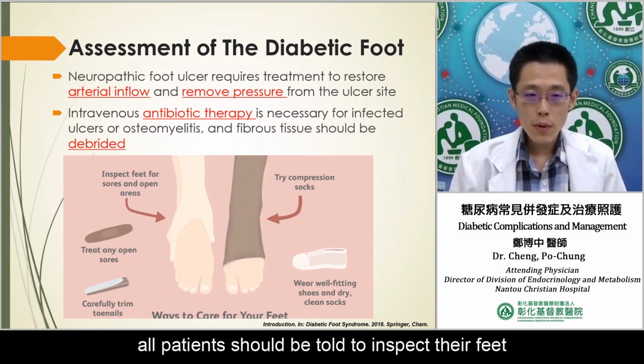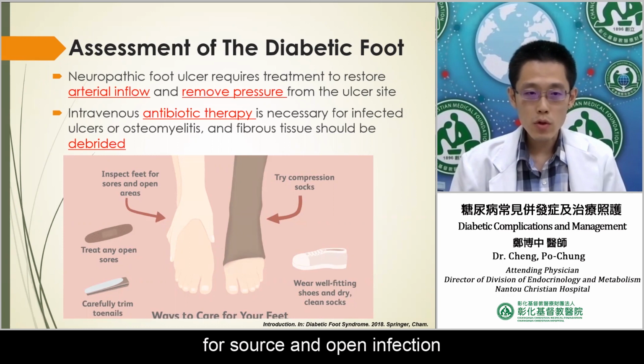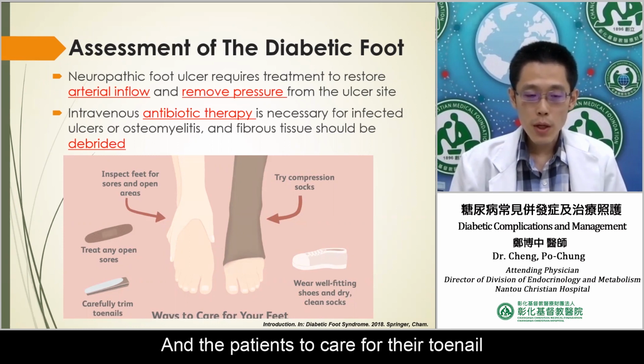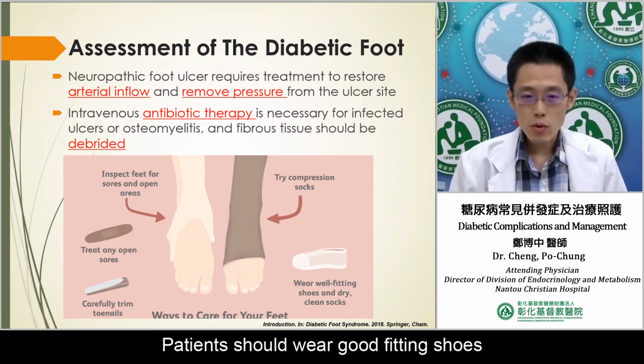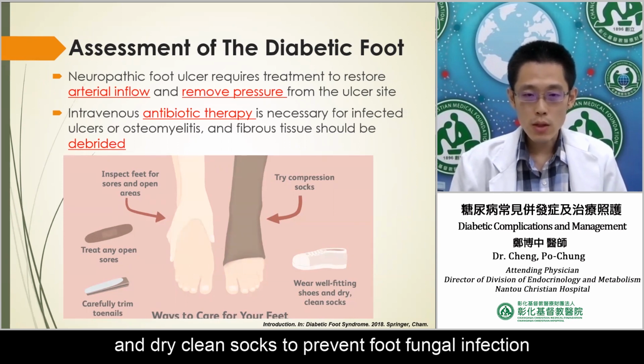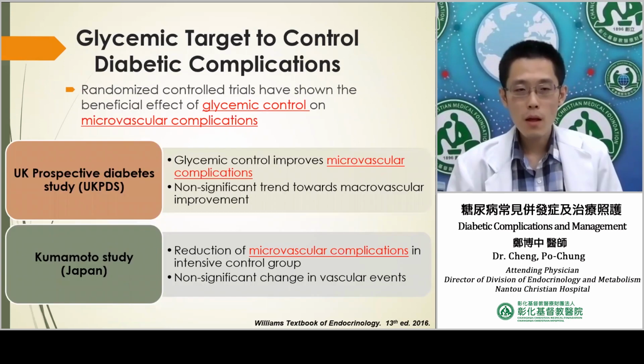First, all patients should be told to inspect their feet for sores and open infections. Patients should carefully trim their toenails to prevent ulceration around their toenails. Patients should wear good fitting shoes and dry, clean socks to prevent foot fungal infection.